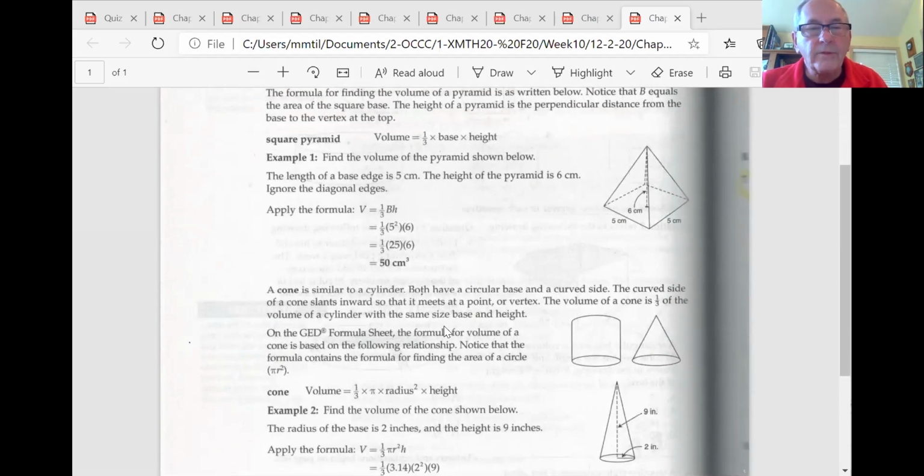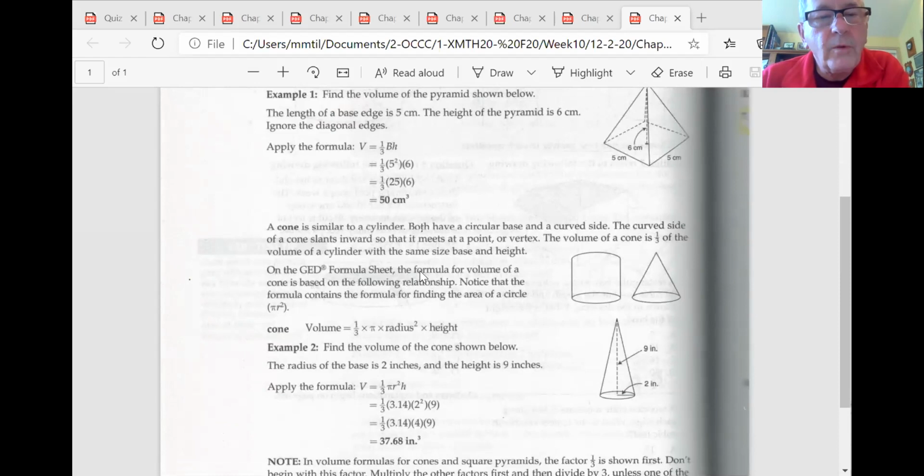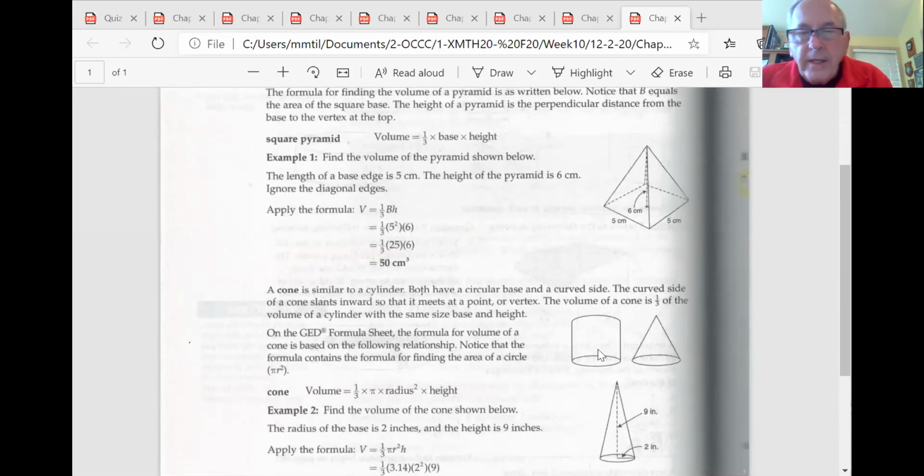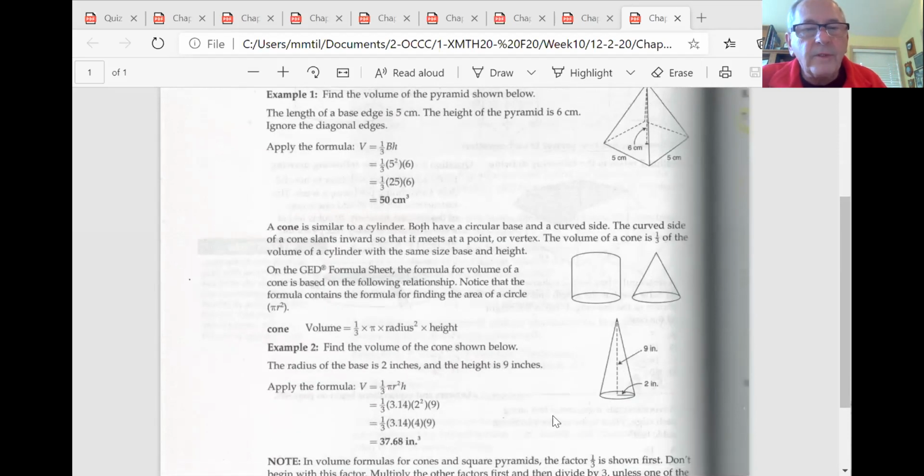Okay. Now a cone. Here's the other thing to know. A cone is similar to a cylinder. It has one base that's a circle, right? That's a cone, and then it all leads up to a vertex. In other words, a height from that cone. Here's the formula for the cone. It's 1/3 times pi r squared, because pi r squared is the area, right?